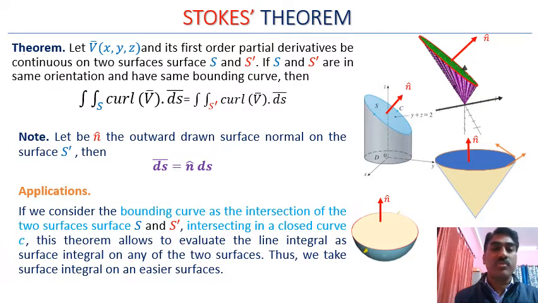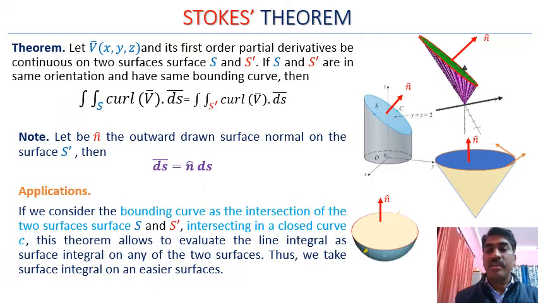Now come to the note I have written. If you have to evaluate a line integral, meaning you have to integrate a vector along a closed curve, then Stokes theorem says that you can integrate the curl of the vector on the surface bounded by the closed curve. Just see the sphere. The red circle, the great circle of the hemisphere, bounds the hemisphere because the sphere is open.